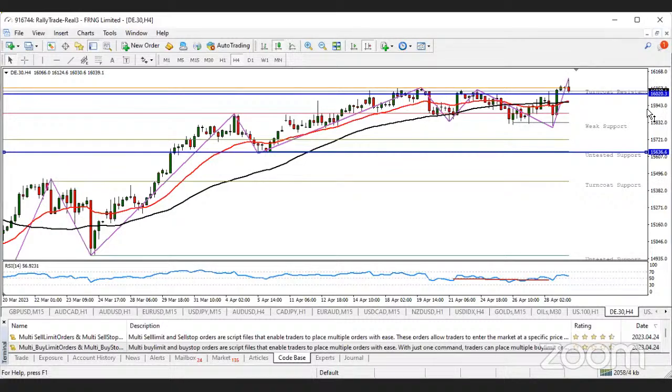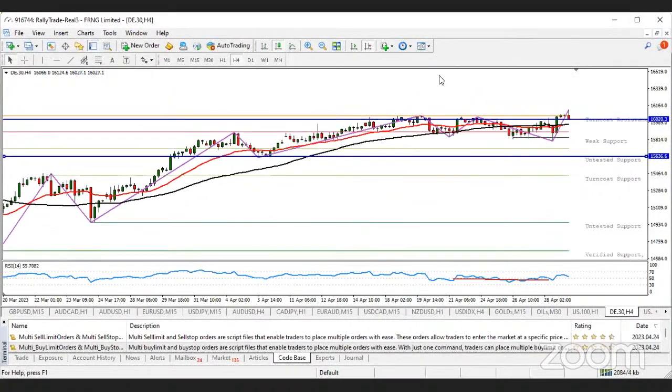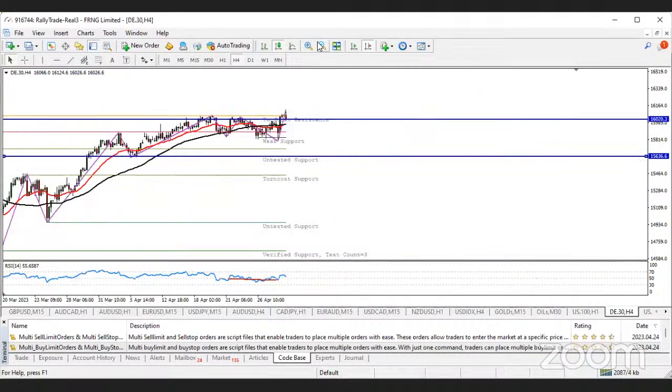Buy after a pullback, buy after a retest, or buy after it has hit a horizontal support or resistance. It has been trading between this horizontal channel on my 4 hours time frame. Let me shrink my chart again.